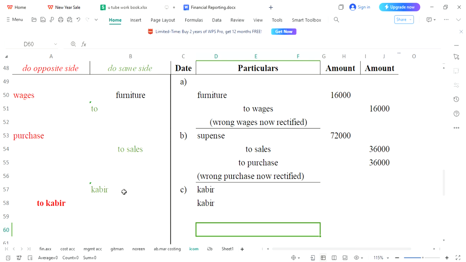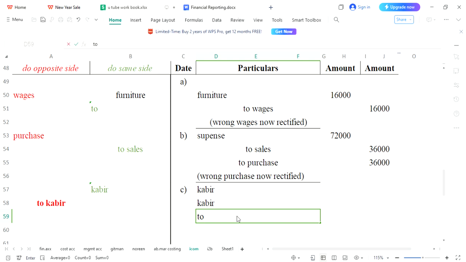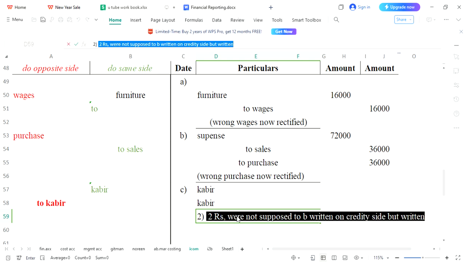Instead of writing on the debit side, we have written it on the credit side. So there are two mistakes. Kabir was required to be written on the debit side, but we have not written it. How will you rectify? We will write Kabir on the debit side. This was wrongly posted. Kabir account was wrongly posted to the credit side. So to cancel this effect, we will again debit it. There was only a mistake regarding Kabir, which has been rectified. Nothing has been left over here. So to fill the space, you will write suspense over here.